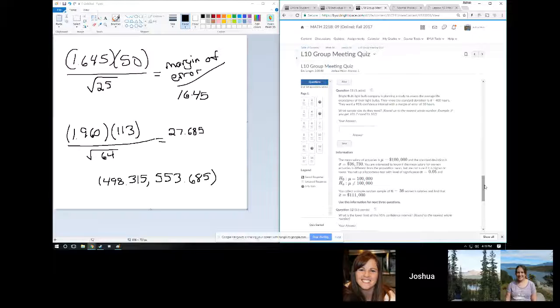And then the lower interval is going to be the mean data minus the margin of error. And then the higher interval is going to be the mean data plus the margin of error.